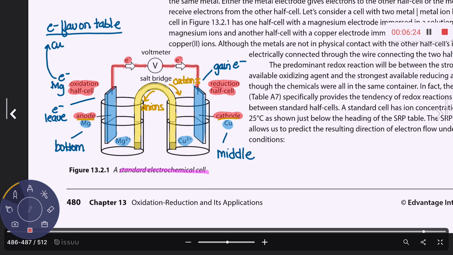So the cations are going to balance out that negative charge from the electrons that are going to the right compartment. Does that make sense? Okay. I think that might be all that I have to mention for this container. All right, any questions on this? Okay, let's take a look at the next page.